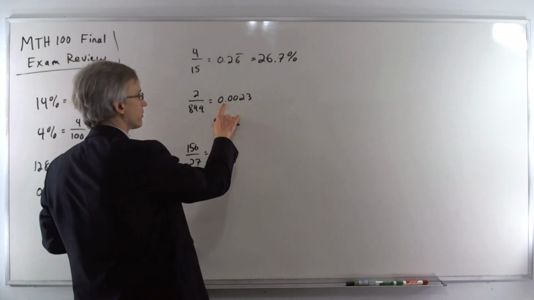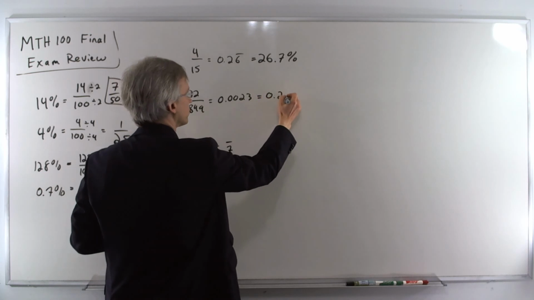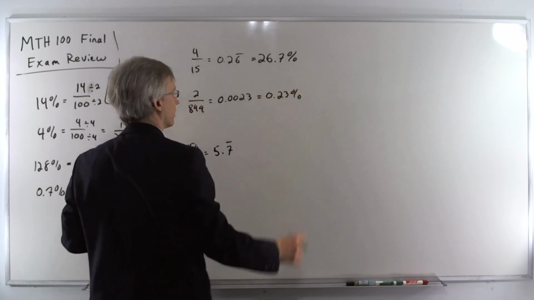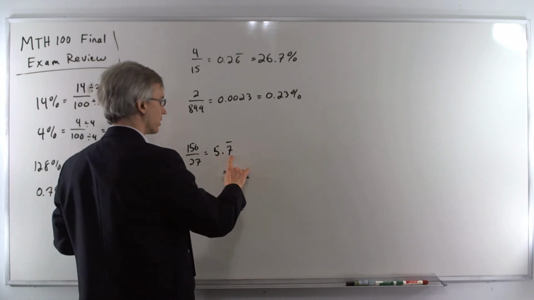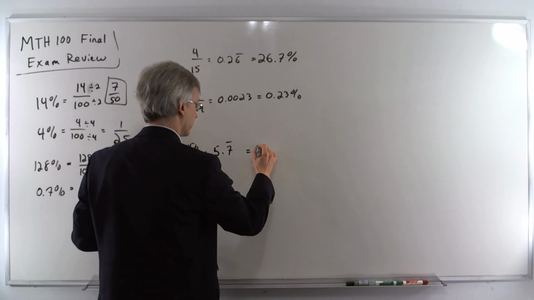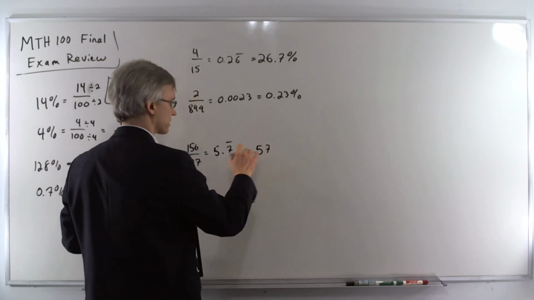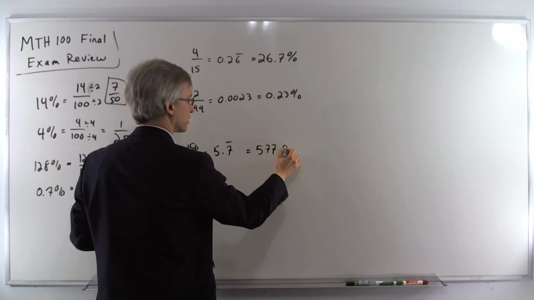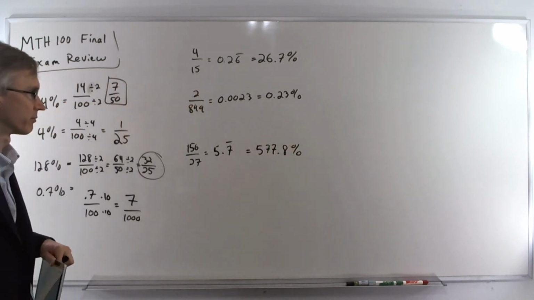All right, now this one, we'll move the decimal 2 to the right and get 0.23%. All right, convert this one to a percent, move this 2 to the right. There's 1, 2 will give us a 0 there, so that's 5, 7, and the 7's keep repeating, so we'll just write it like that. 577.8%.